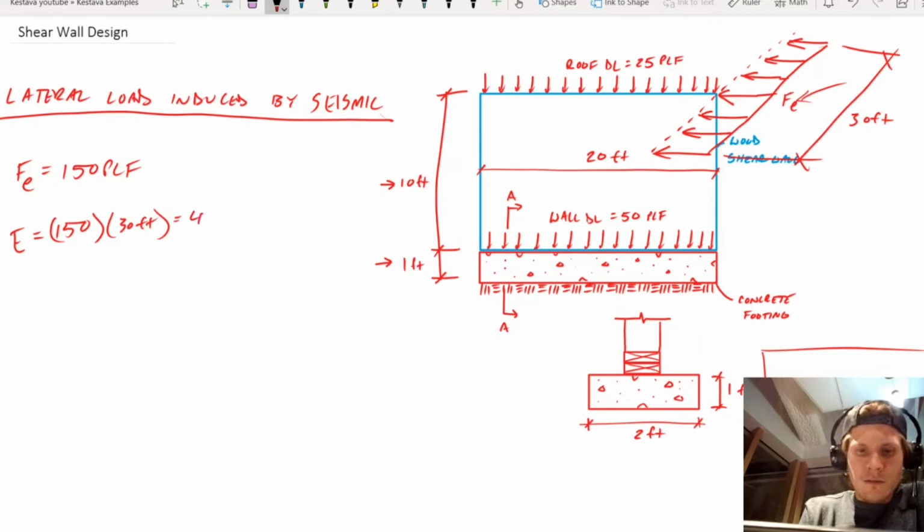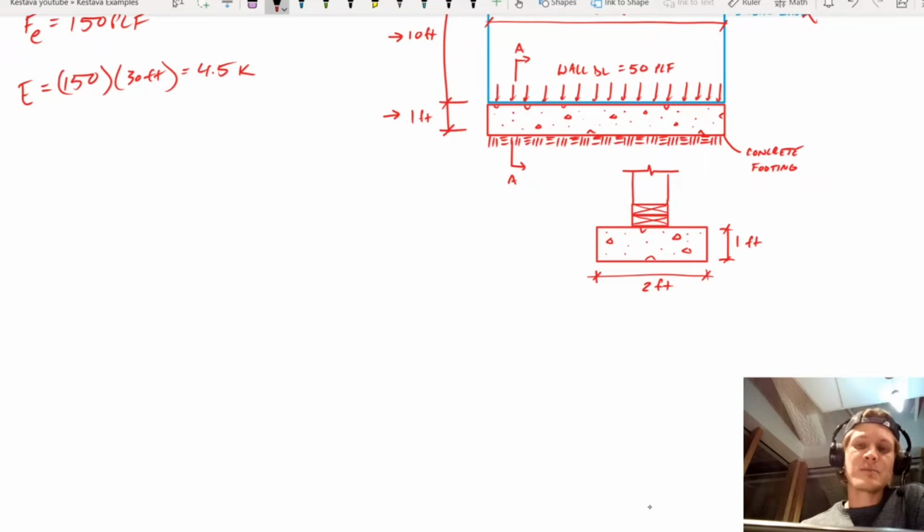That's going to get you 4.5 kips. So now, I'll draw it in green for you, you have that big point load going into our shear wall. We are going to design per the NDS manual. This is wood construction, so we want to stay in ASD design criteria. And first we're going to find how to size the appropriate sheathing or structural panels for our shear wall.